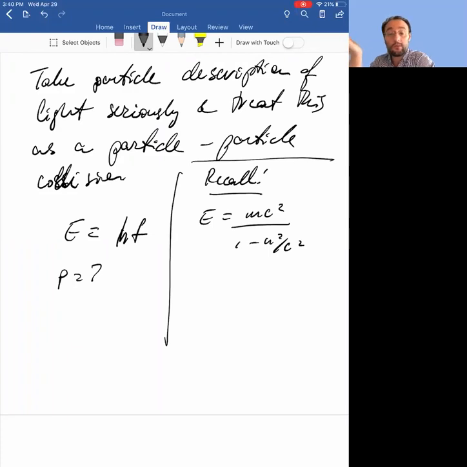Now, before relativity, no one in their right mind would think of such a thing, a massless particle. But you see now that if a particle is massless, the numerator is 0, and it would suggest 0 energy unless the particle also goes at the speed of light. It suggests that massless particles go at the speed of light, and then this formula is useless.